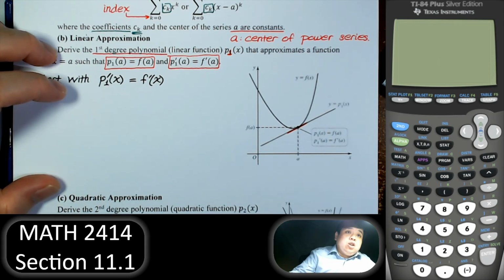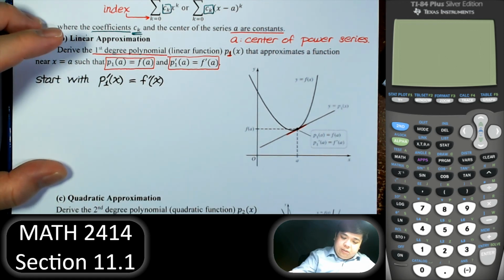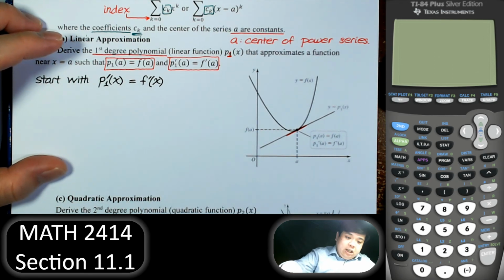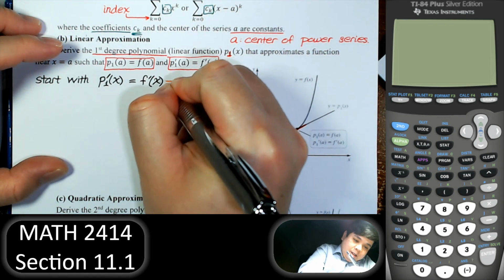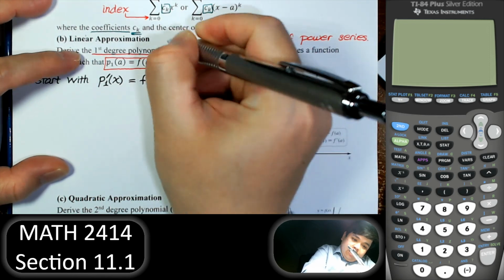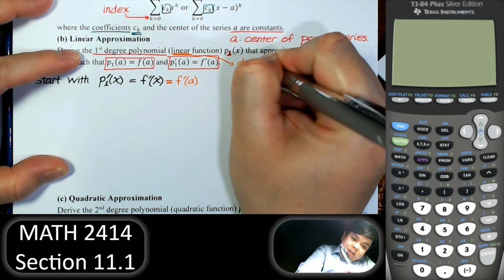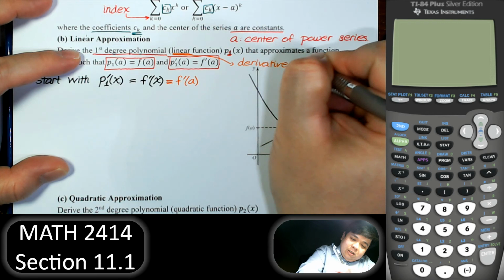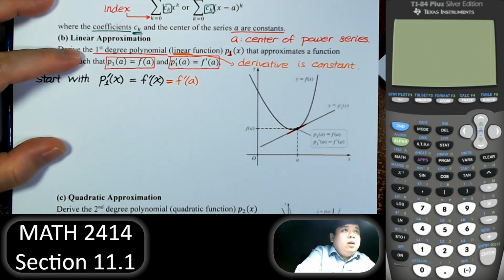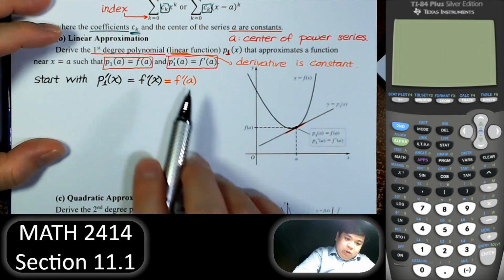Because this is a straight line, the derivative is a constant, and that constant is equal to f prime of a, instead of f prime of x. Because for a linear function, the derivative is constant. Like mx plus b, the derivative is the constant m. So we start with that.